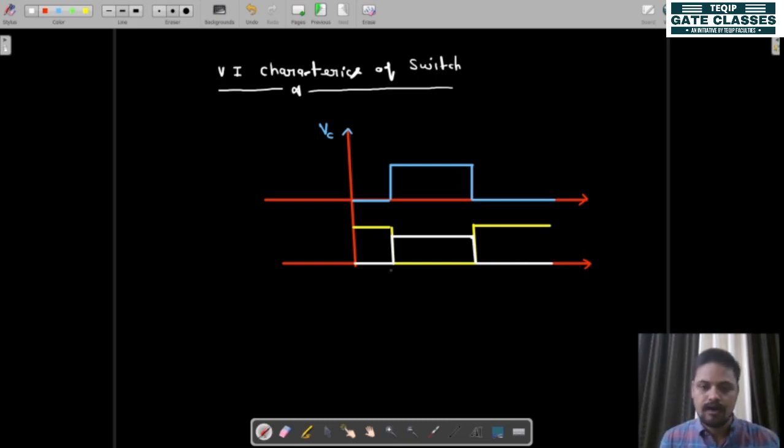So, if you see, there are two switching conditions. This is position 1 and this is position 2. At position 1 it is turning on, and at position 2 it is turning off.